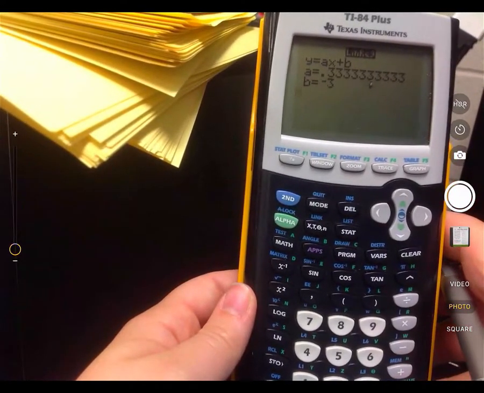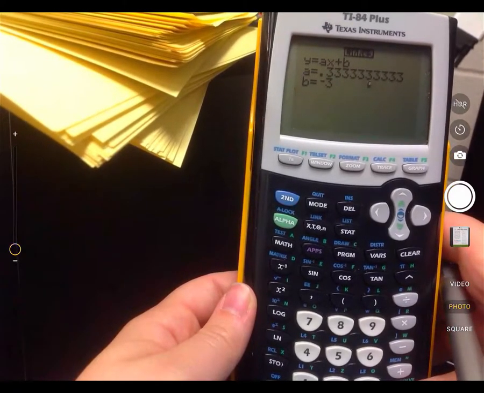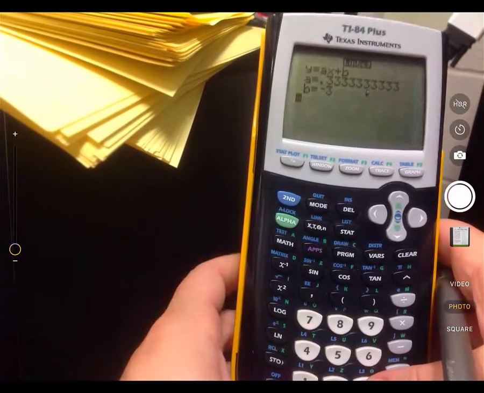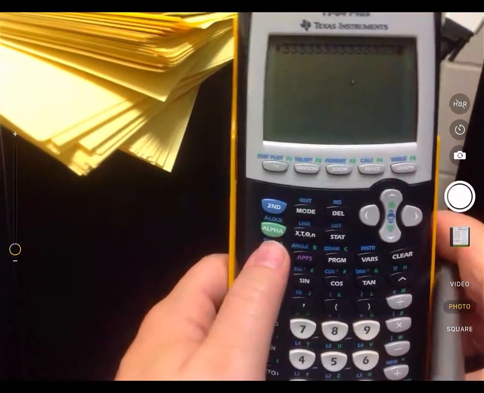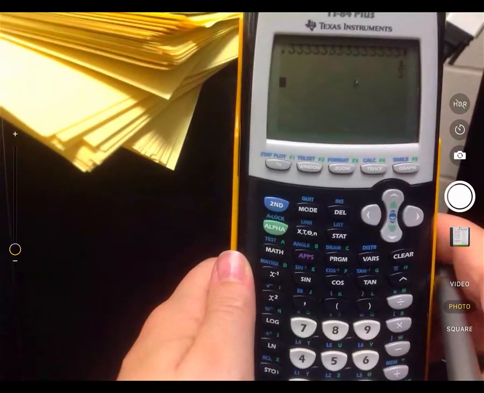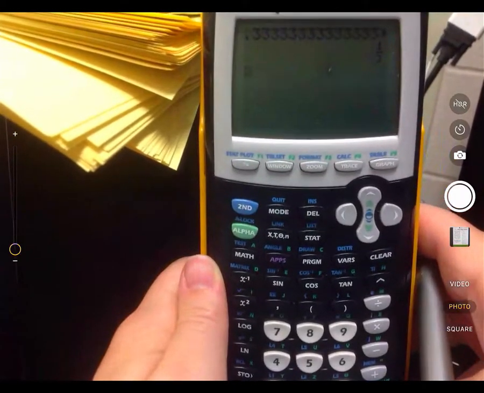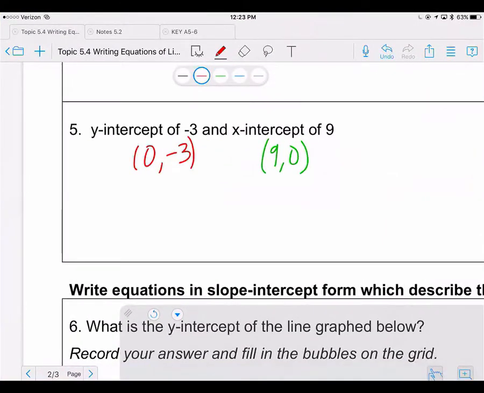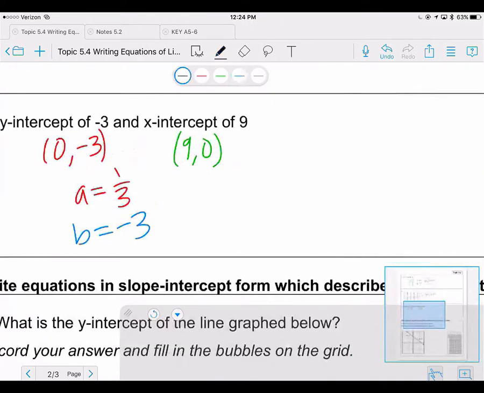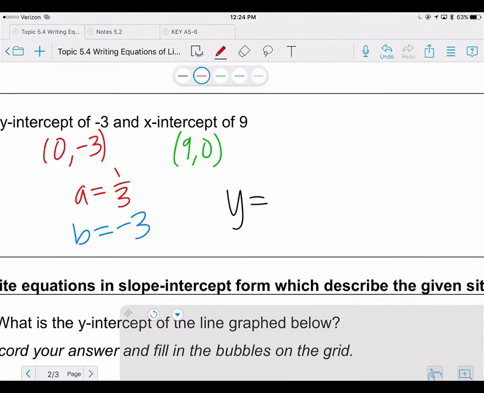And A is 0.3 repeating, B is -3. Remember that if you enter 0.3333333333333 math, enter, enter, it will turn it into the fraction of 1/3 for you. So A is really 1/3, B is -3, so y equals 1/3 x minus 3.